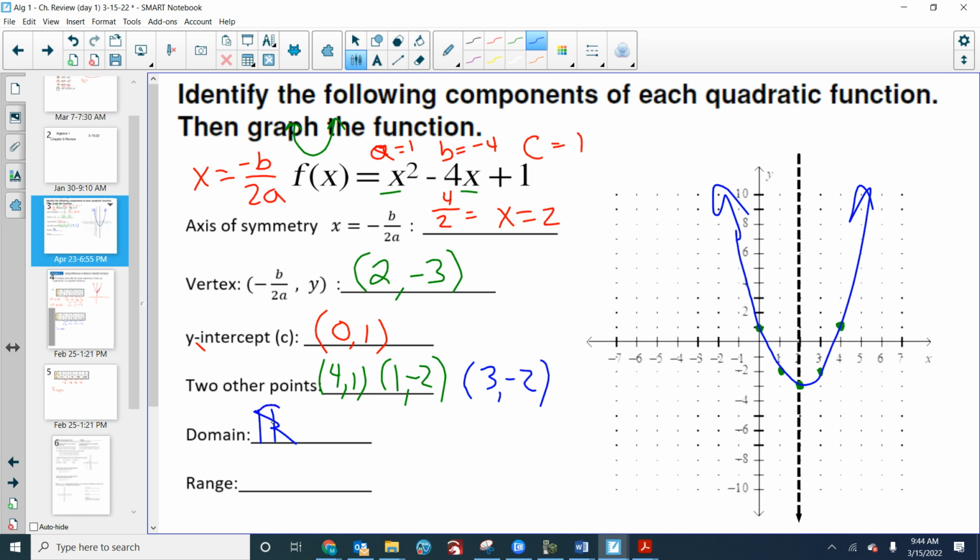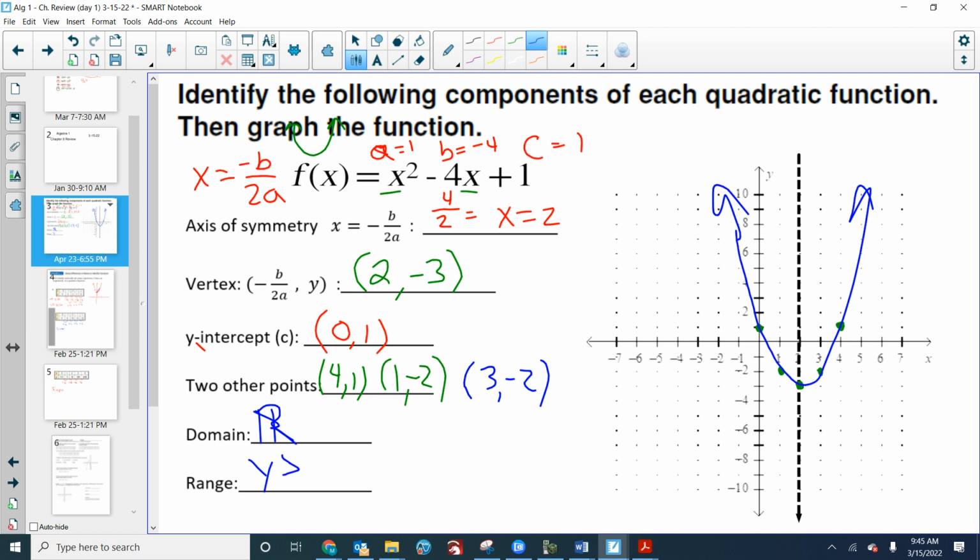Now, what about the range? Sabrina, what's my range? What's the lowest point of the graph? For y values. Do they go up or down? So it's got to be greater than.